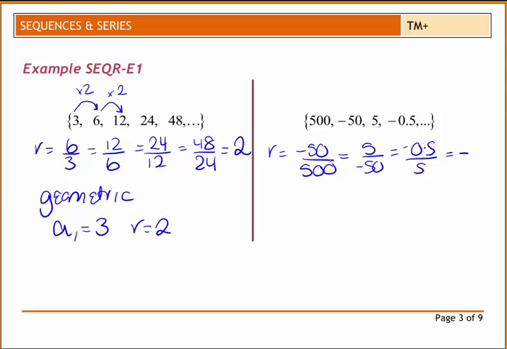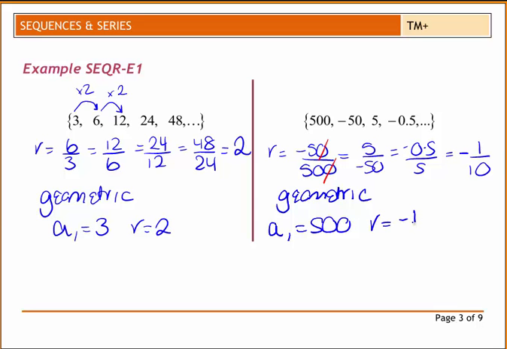If I simplify, take off a 0 from each one, divide the top and bottom by 5, so I get 1 over 10. So it's geometric. a1 equals 500 and my common ratio is a negative 1 over 10. You could have also answered as negative 0.1, but it's probably easy to leave as a fraction.